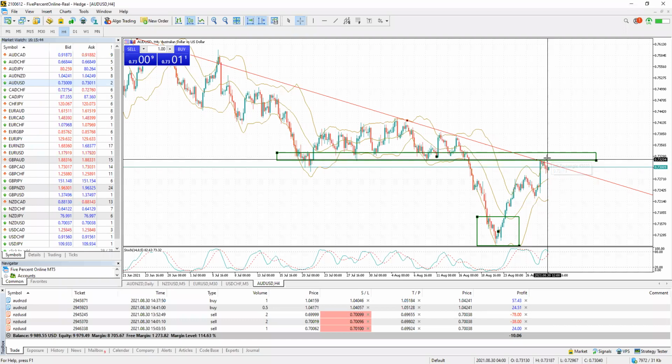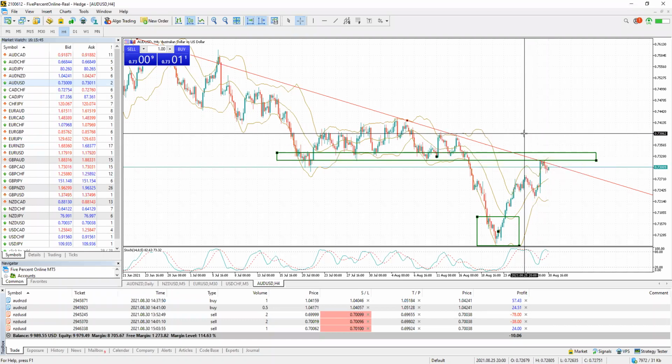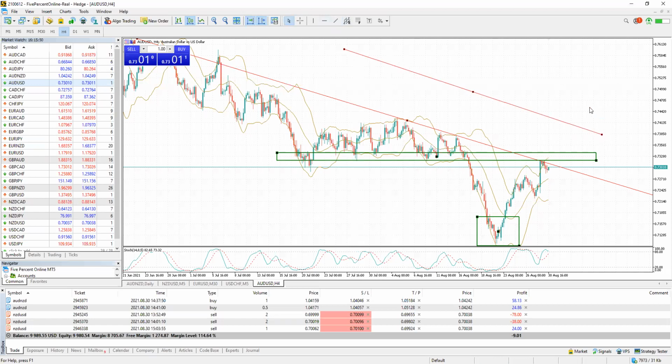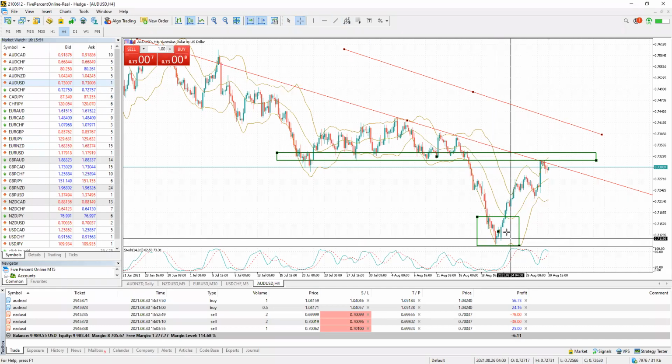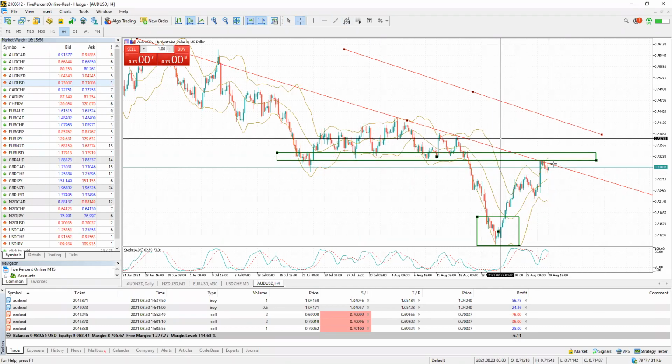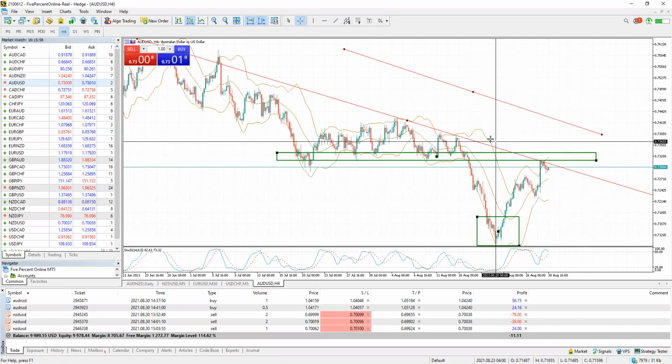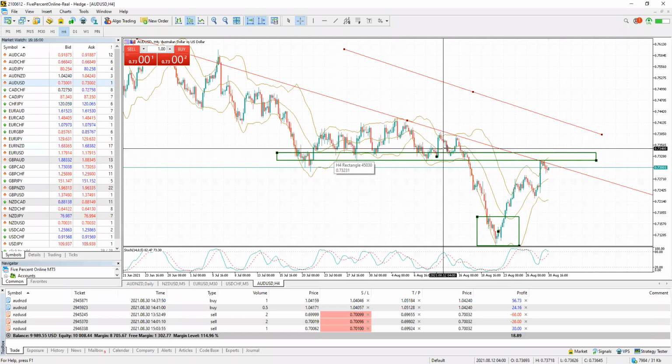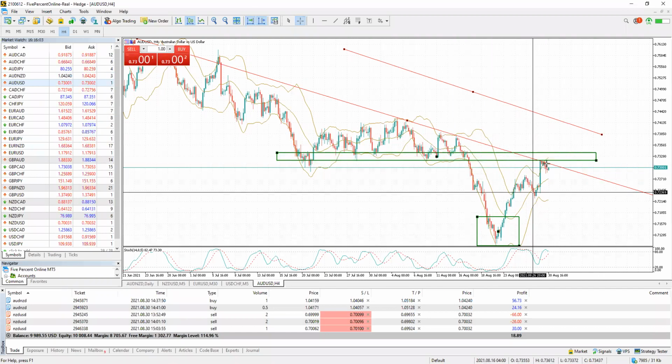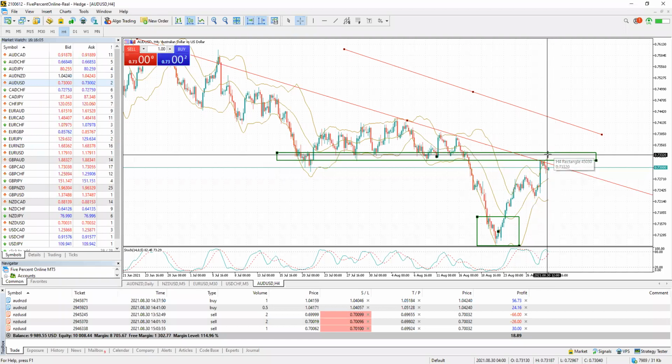Okay, I think so. We want to trade with the trend. So here the trend is very bearish. Okay, we see clearly that the trend is going down. Here there was a little retracement. Actually, we are in the zone, on the downtrend line, and also on the support that we break. So why not make an entry short here?